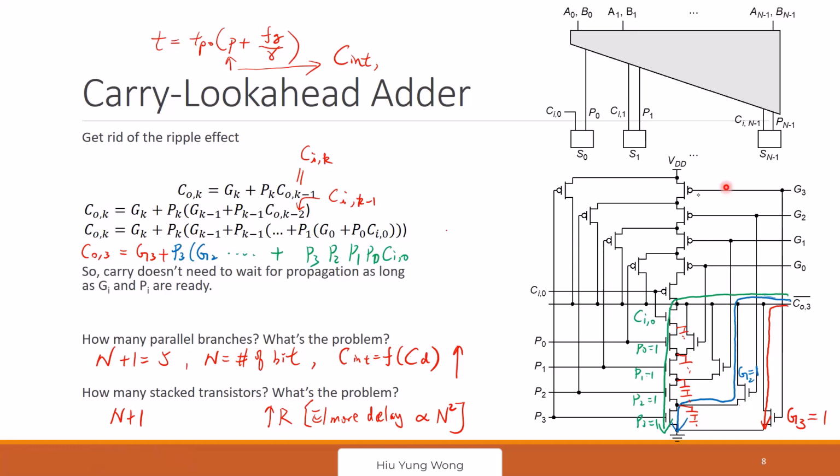The way we design the circuit is more logical and more intuitive, and it turns out to be more efficient. It's just to think of the carry out as either I generate, or I have a carry in and then I propagate. This is a very logical way of thinking.